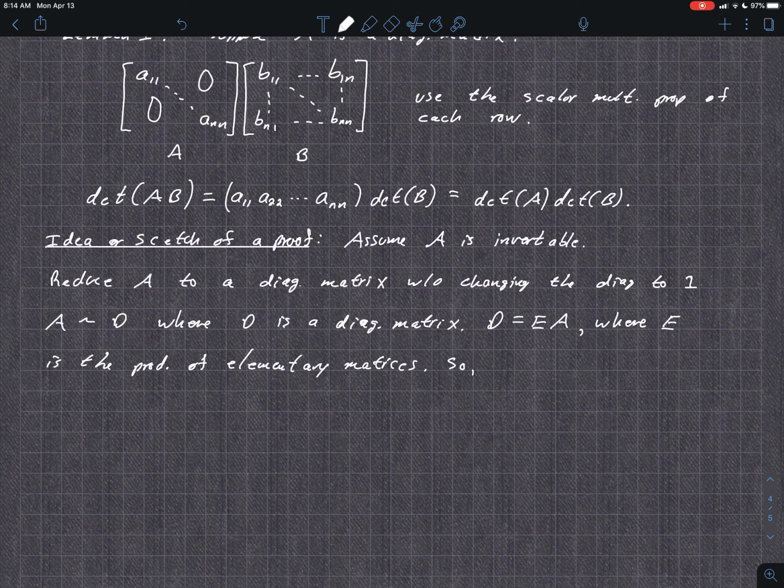So then what you get is that the determinant of A is equal to negative 1 to the R times the determinant of D, where R is the number of row interchanges.